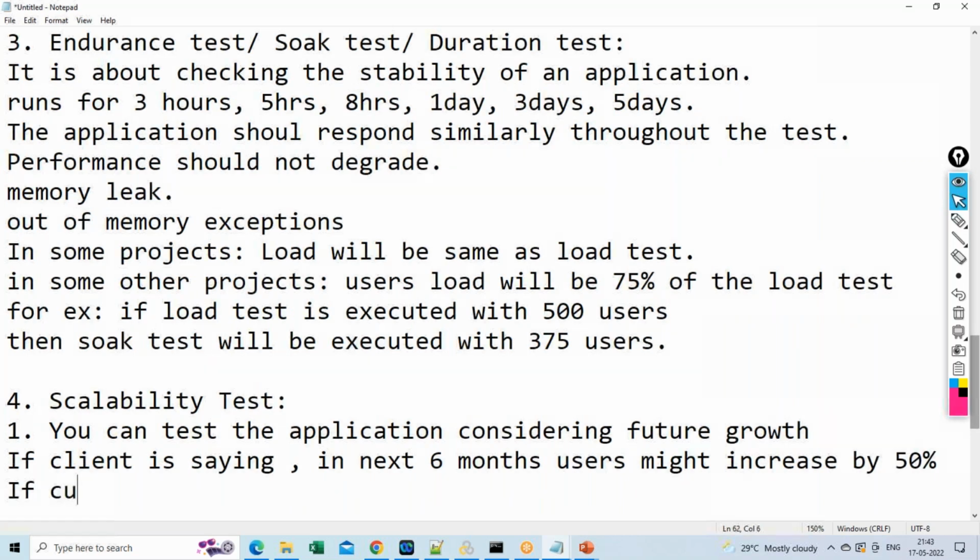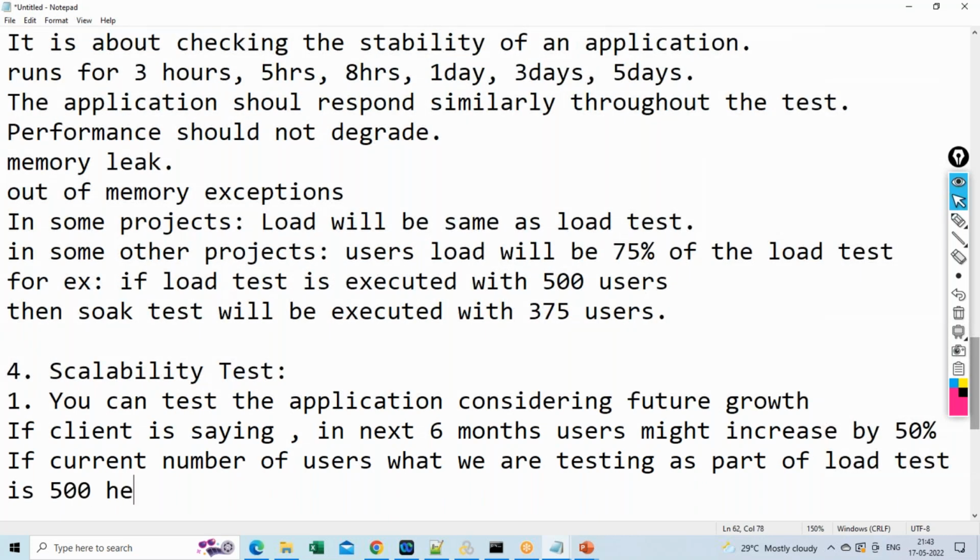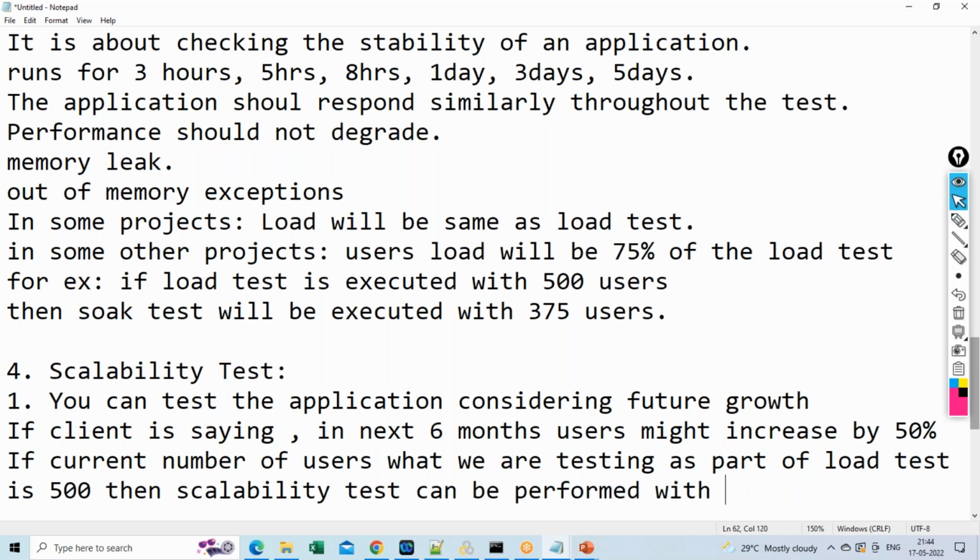then if the current number of users we are testing as part of the load test is 500, the scalability test can be performed with how many? 50% means 250, right?